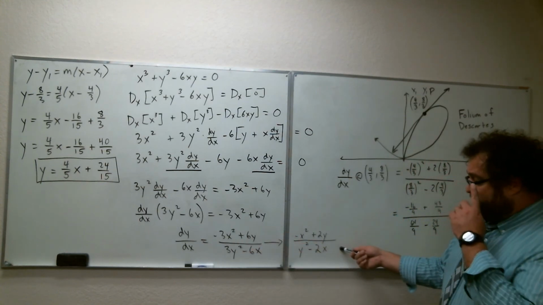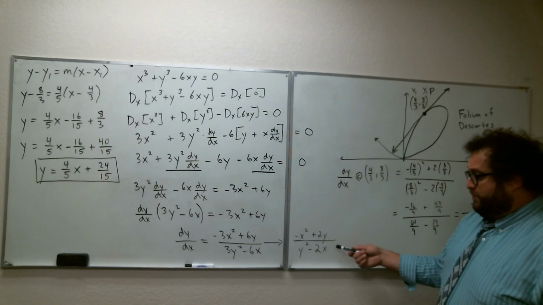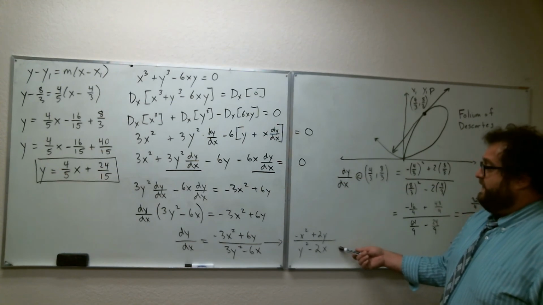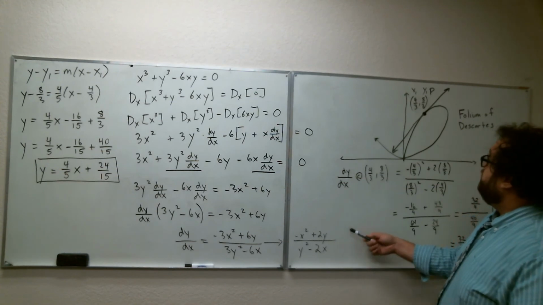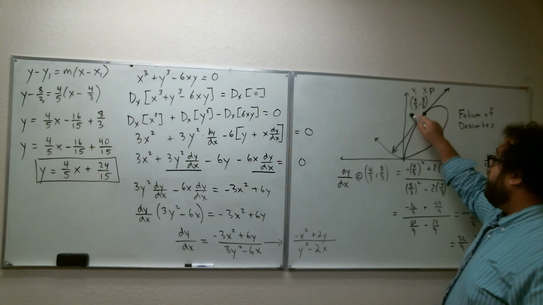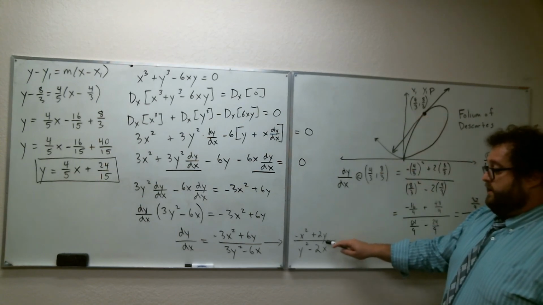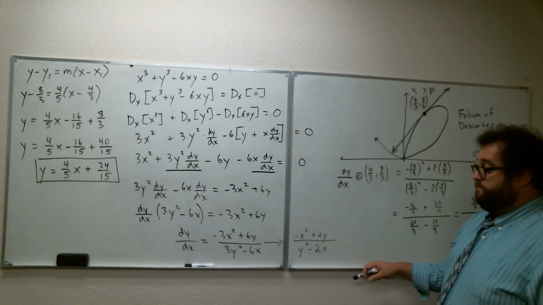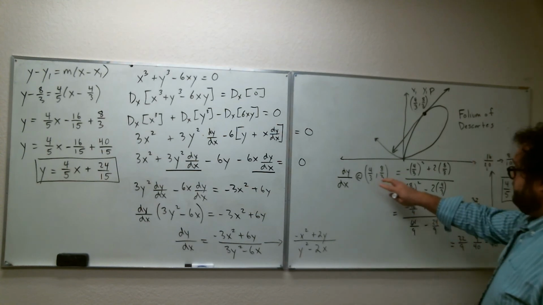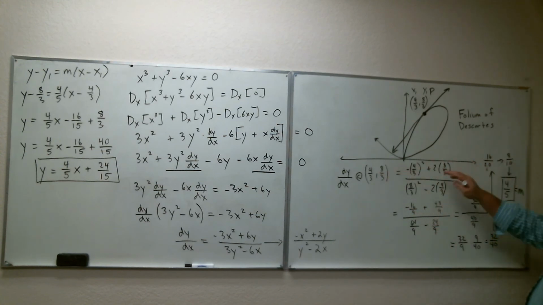Once you have the implicit derivative, if you want to find the slope of the tangent line, you plug in the x and y, because our derivative is in terms of x and y. That will give us some arithmetic to take care of. Simplify here, be careful, get your final derivative.